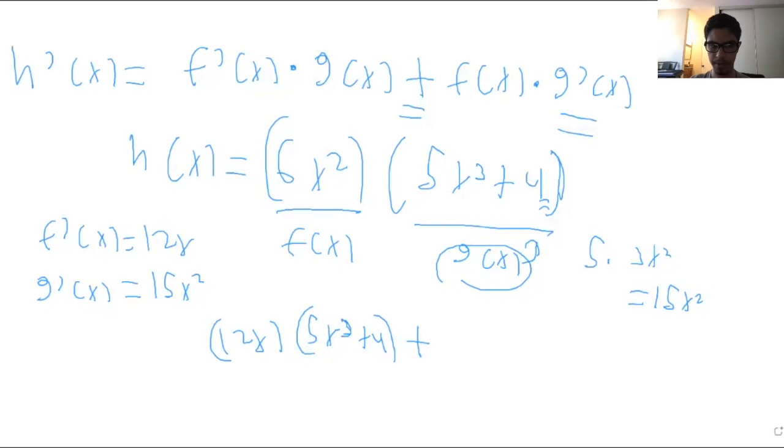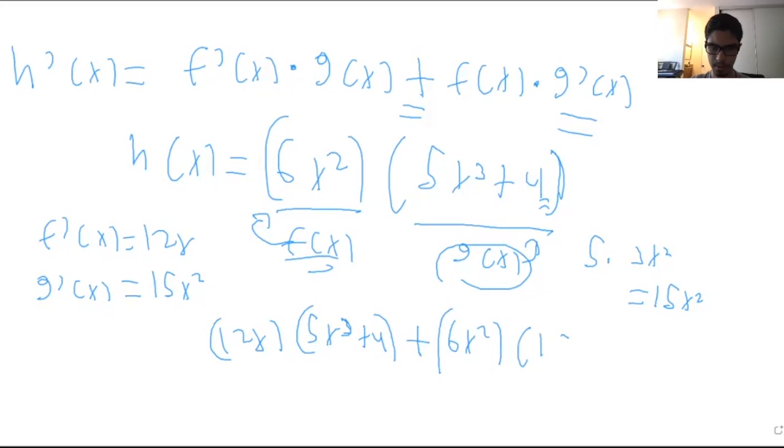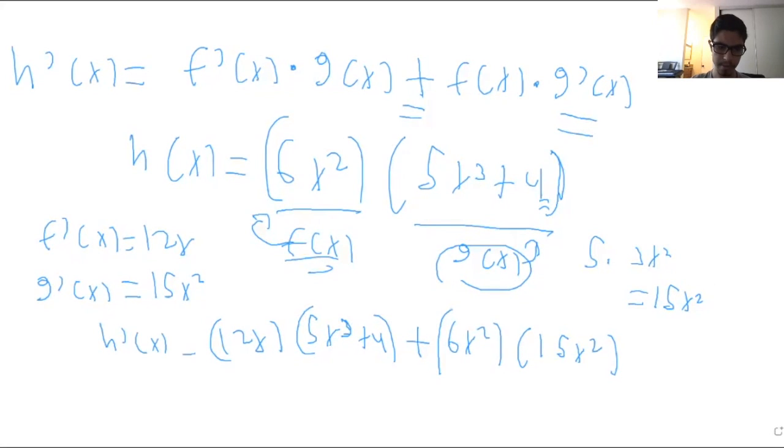Plus, we have f of x, which is just 6x squared. As you can see here, that's f of x. And then multiply by g prime of x, which we found, which was 15x squared. Cool. And that's it. Basically, h prime of x is equal to all of this.